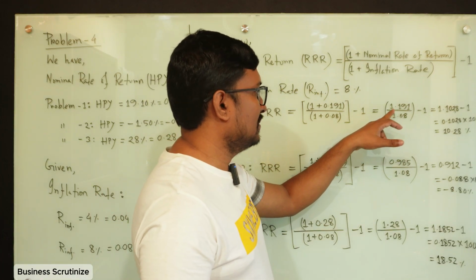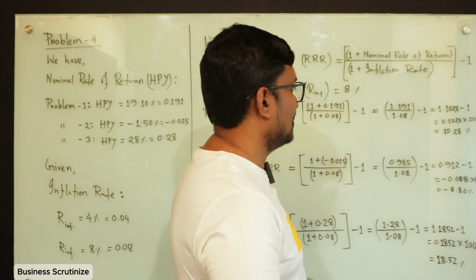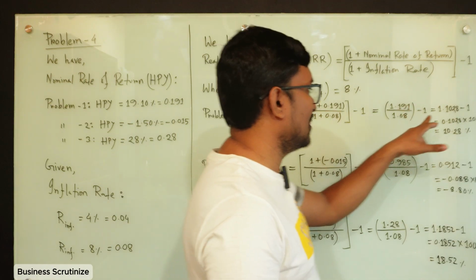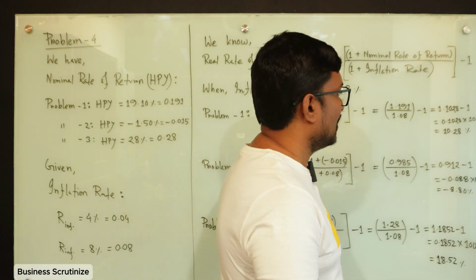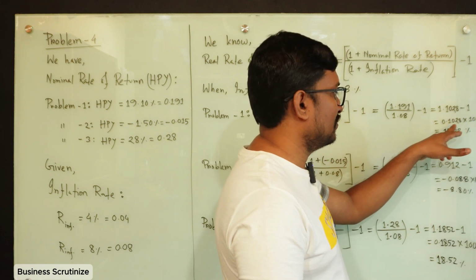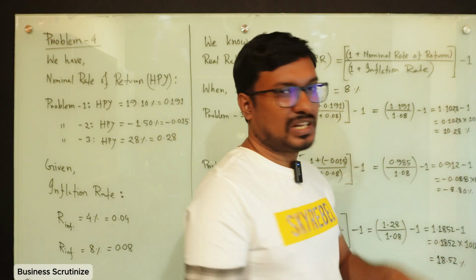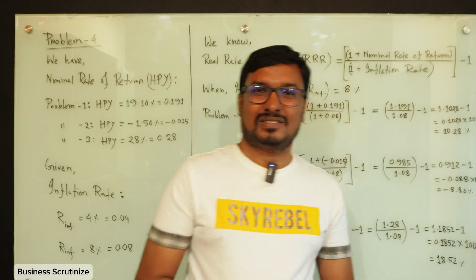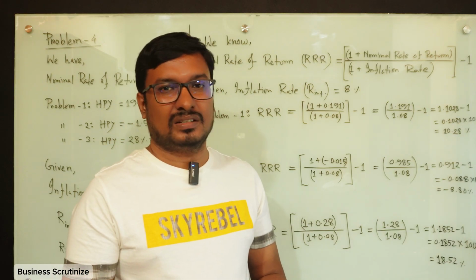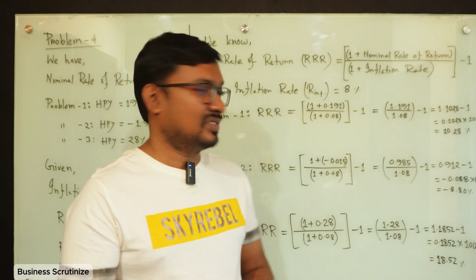The numerator is 1.191 and the denominator is 1.08. After division we get 1.1028, minus 1 gives 0.1028, multiplied by 100, so finally we have 10.28% as the real rate of return, considering 19.1% as the nominal rate of return and 8% inflation.